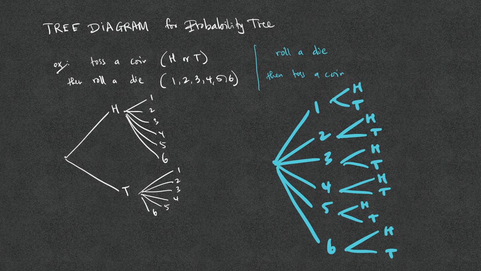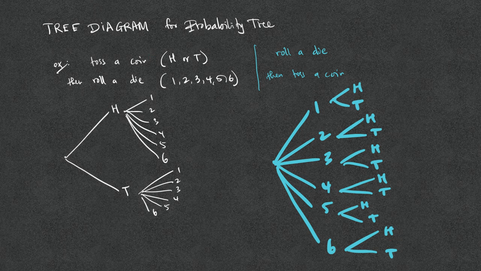In this case, there are 2 stages: tossing a coin, first stage, and then rolling a die, second stage. For the second case, the first stage is rolling a die, and then the second stage is tossing a coin.